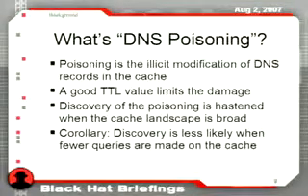So the corollary is that discovery is less likely the fewer queries that are made on something. And the reason that's important in security is that these days, people try to target a few individuals. A lot of you have heard of the exploits where you're trying to target a few people at a company. You don't want to target the whole company.